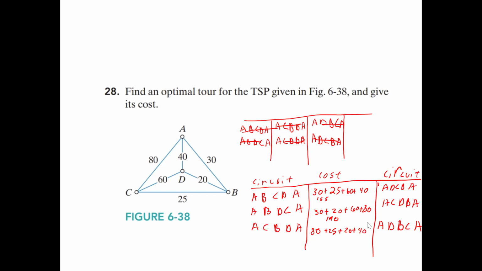So 80 plus 25 plus 20 plus 40, 165. And you can see that this one is the cheapest one. Find an optimal tour for the traveling salesman problem given in figure 6.38 and give its cost. So 165.